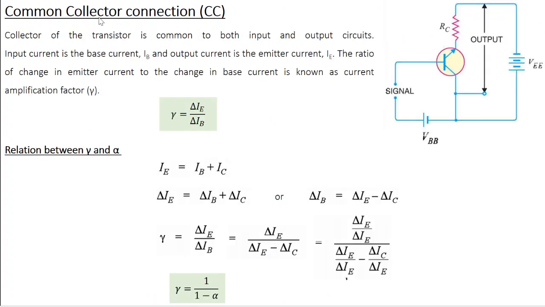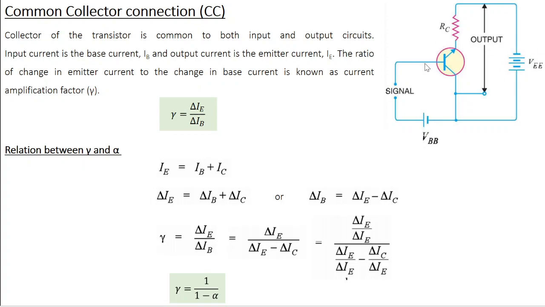And the last one, common collector connection or CC connection. So here the collector of the transistor is common to both input and output circuit as shown in this figure. So here VBB is the source voltage at the base side, and VEE is the source voltage at the emitter side, and the input circuit is forward biased and the output circuit is reverse biased.